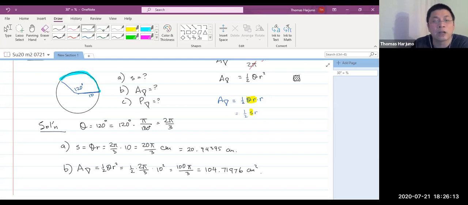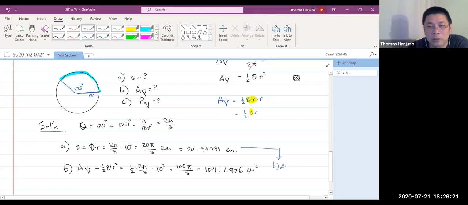So the alternative way to do part B, since we already have the arc length, the area of the sector is 1/2 times 20 pi over 3 times 10. That's how we get that 100 pi over 3 centimeters squared.